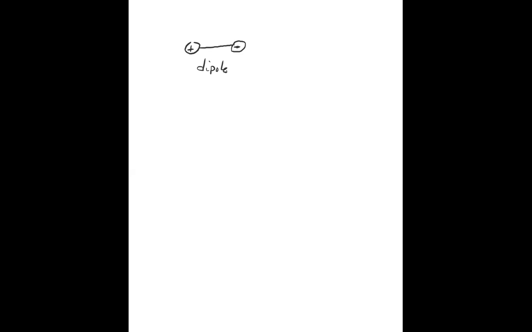And the answer is the negative end is the more electronegative atom, and the positive is the less electronegative atom. In fact, some people use the term electropositive. They would say that the less electronegative atom is more electropositive.